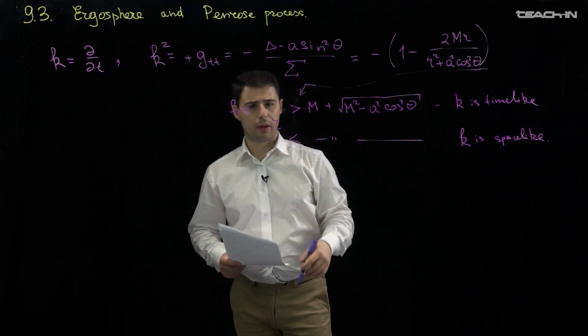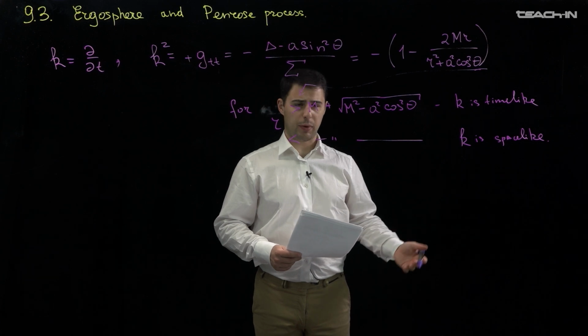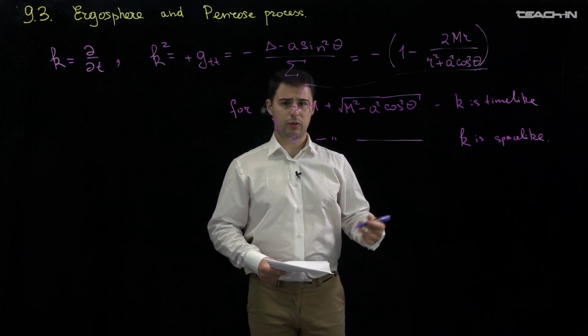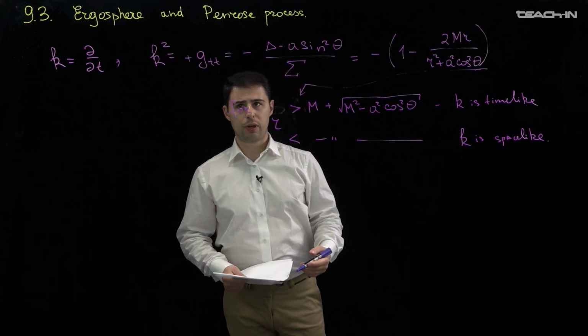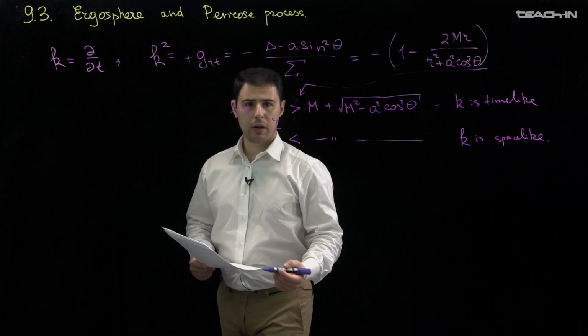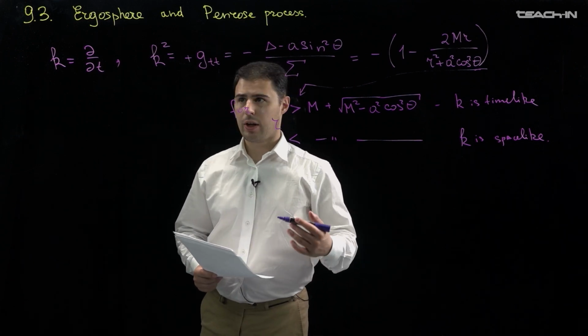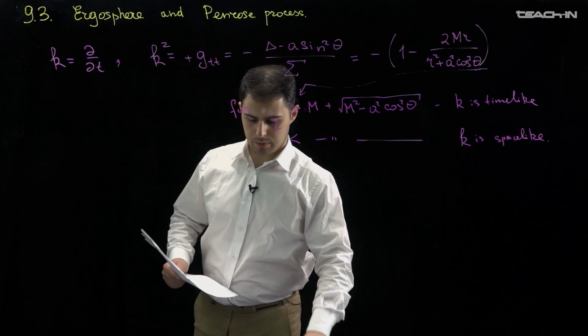And for r less than this value, it is space-like. We will call this region of the space-time the ergosphere, and the boundary, where K becomes null, the ergosurface.